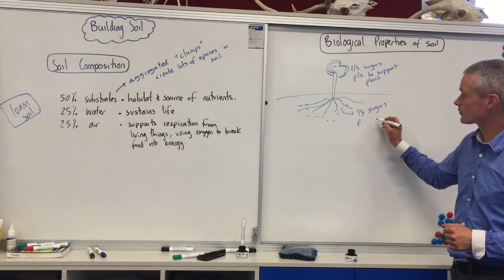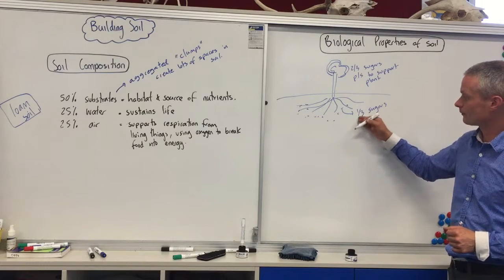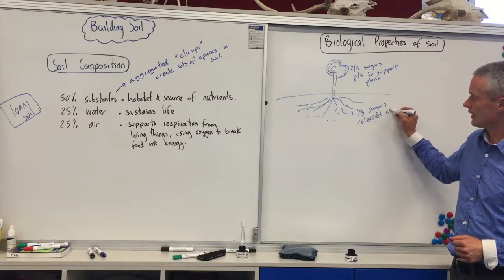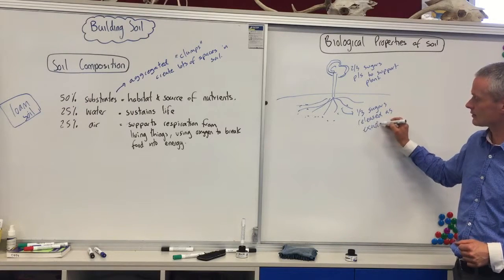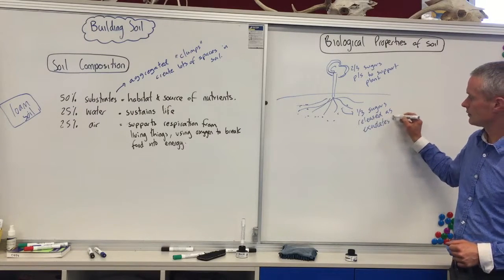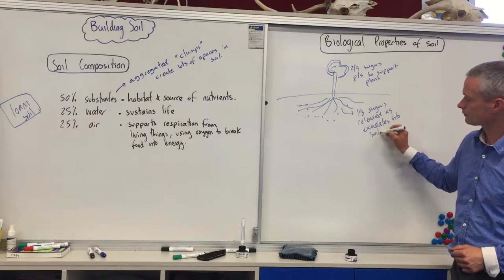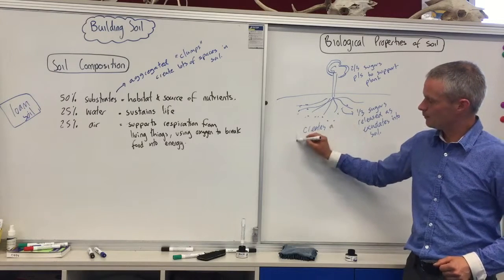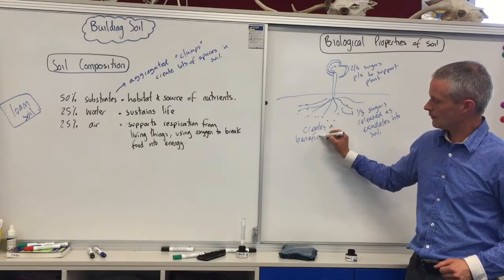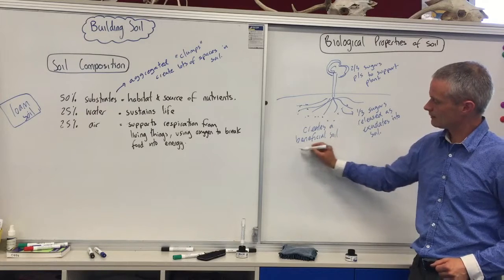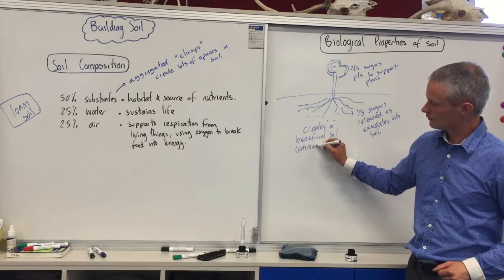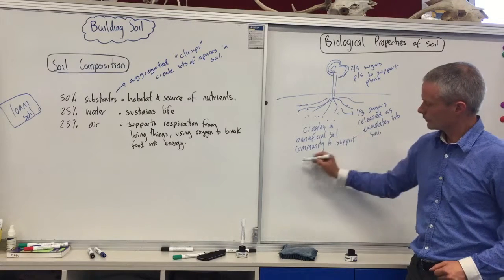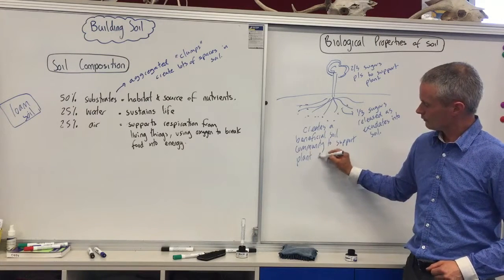So 1/3 of sugars are released as exudates into the soil, and that creates a beneficial soil community to support plant growth.